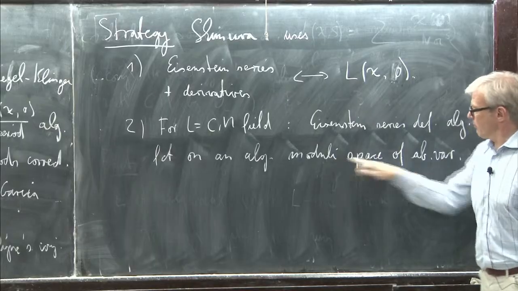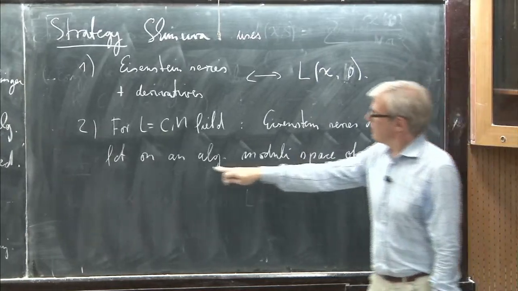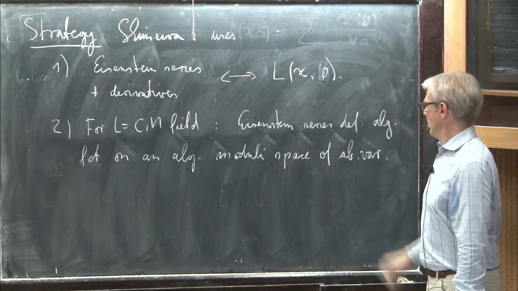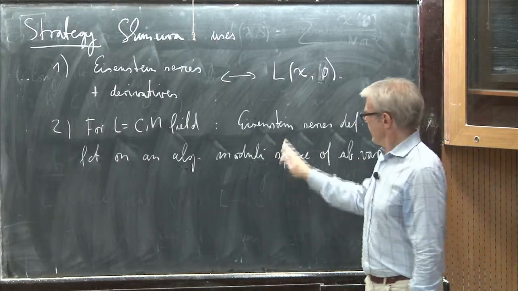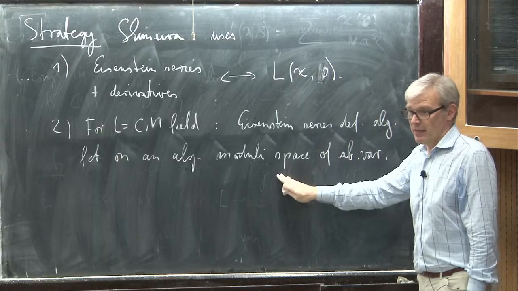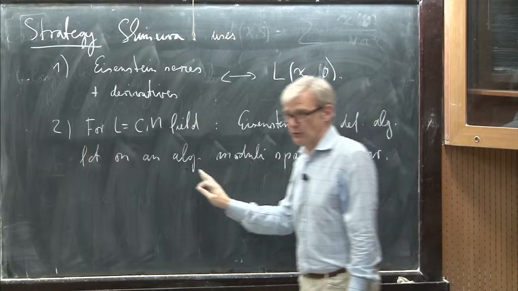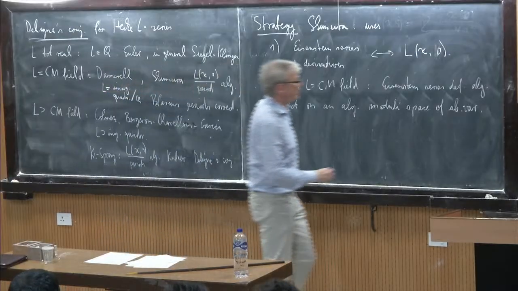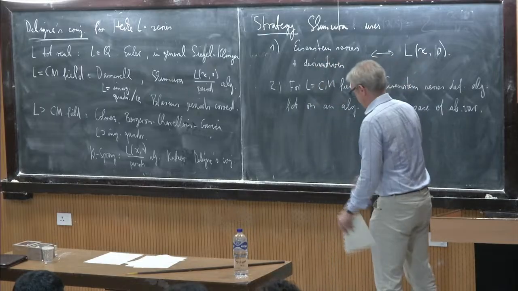Shimura was the person who built up the theory of algebraicity of these moduli spaces with extra conditions. And he realized that, of course, an algebraic function has to have algebraic values. And so this gives the algebraicity of his statement.